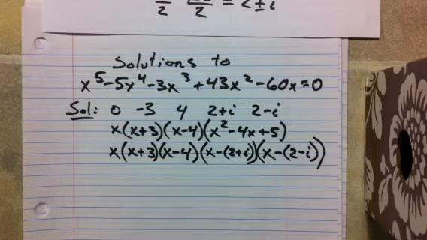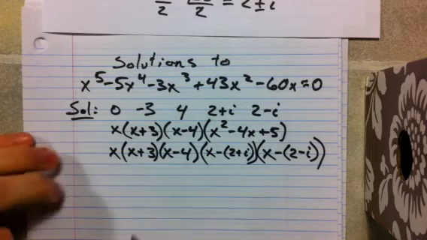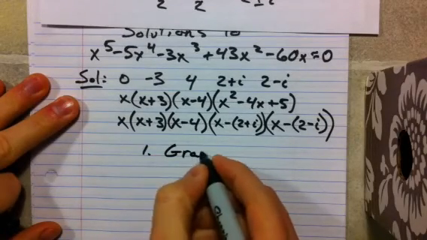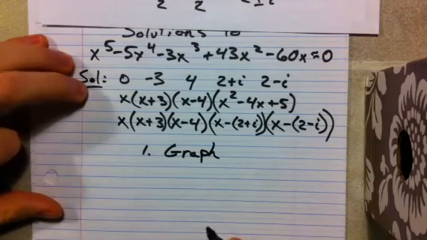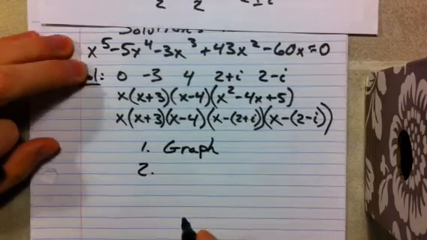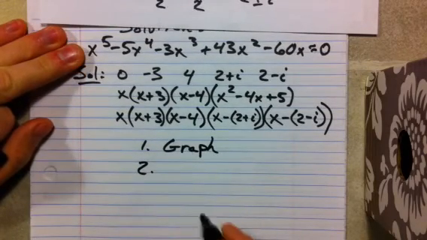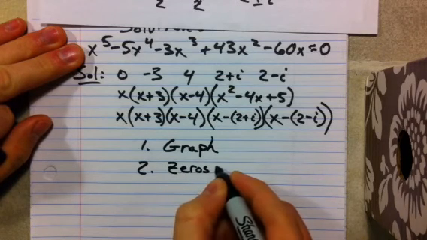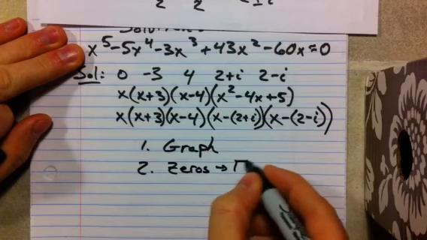Anytime you want to find all of these x-intercepts, the very first step we took was to graph. And the whole reason we did that was so we could find some zeros. Just estimate.